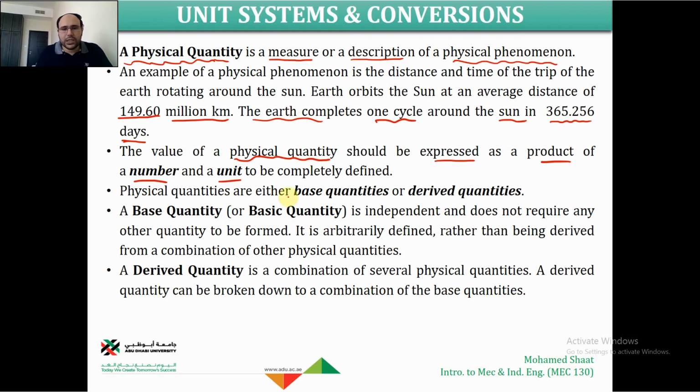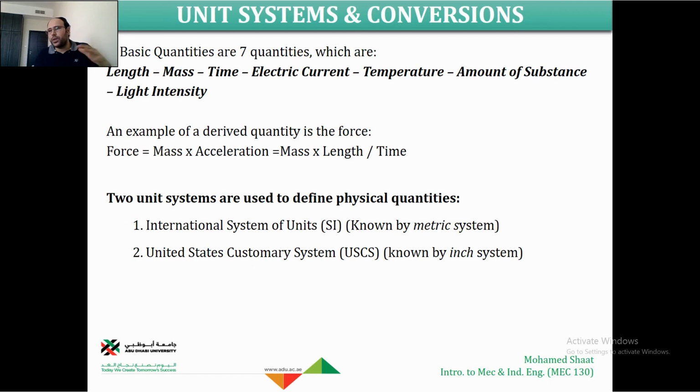So physical quantities are either basic quantities or derived quantities. We can group the physical quantities that we are dealing with in our life into two groups, either basic quantities or derived quantities. I'm just going to give you an example of some of the basic quantities.